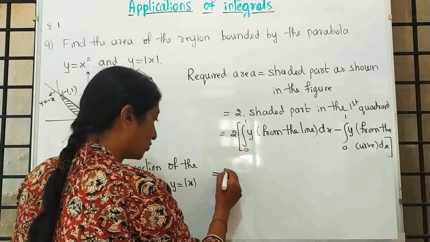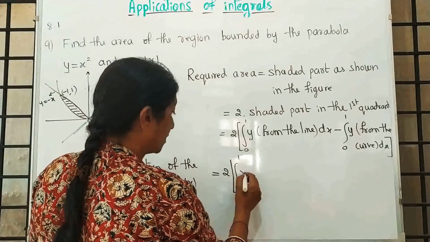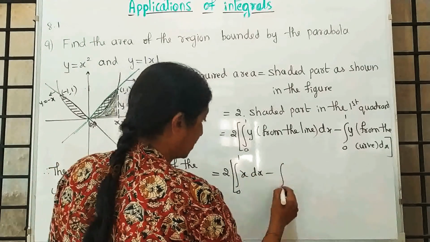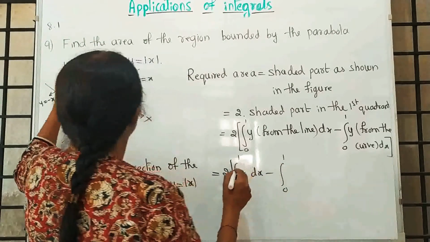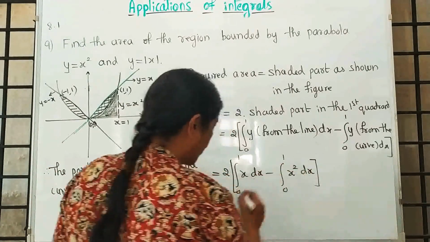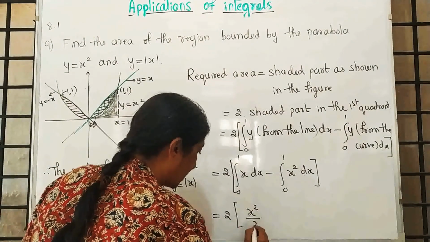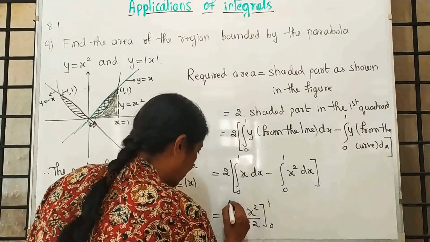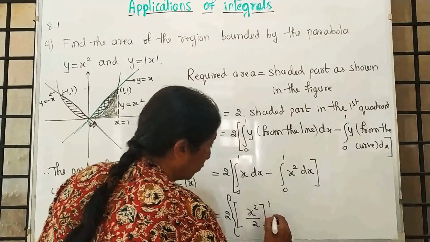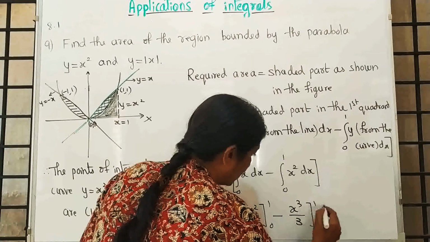So, it is 2 into integration 0 to 1 y from the line is x into dx minus 0 to 1 y from the curve is x square into dx. So integrate this. It is x square by 2 from 0 to 1 minus x cube upon 3 from 0 to 1, in the flower bracket, 2 is common to both.